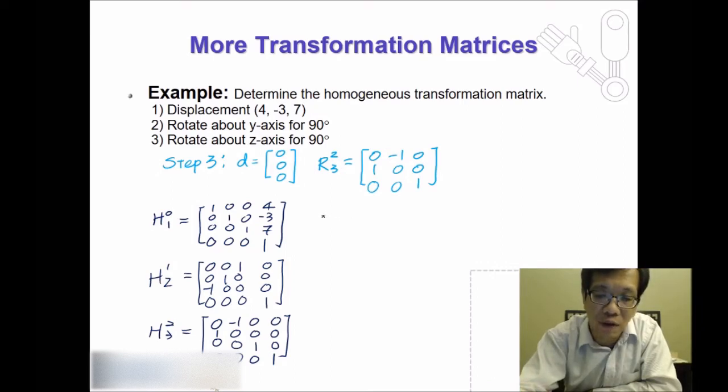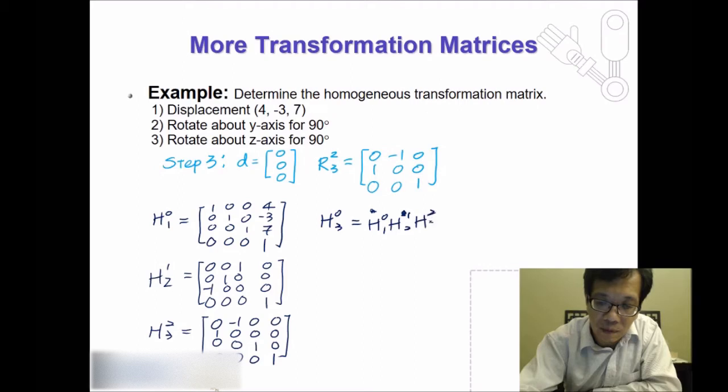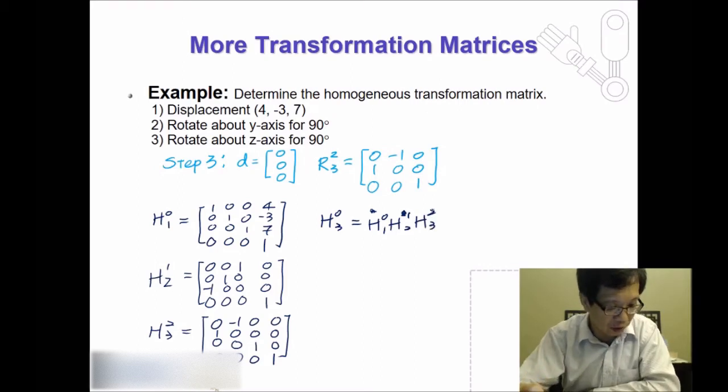If we try to convert or combine all those transformation matrices together and calculate the position from frame 0 to frame 3, it is going to be like this.